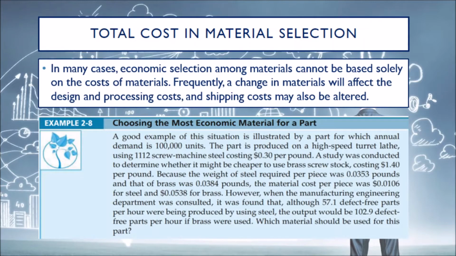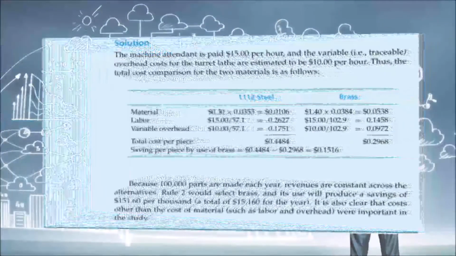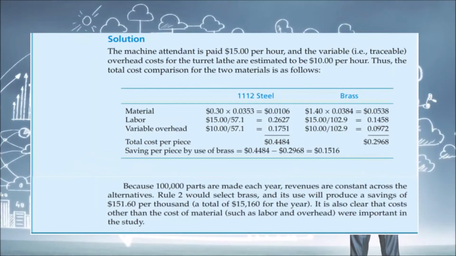Which material should be used for this part? Okay, so here is the solution. The machine attendant is paid $15 per hour and the variable overhead cost for the turret lathe is estimated to be $10 per hour. Thus, the total cost comparison for the two materials is as follows.